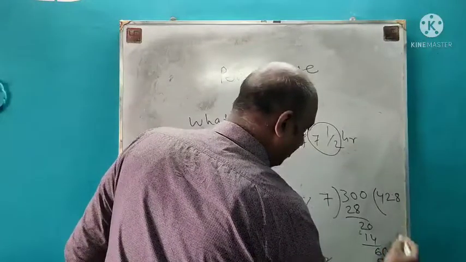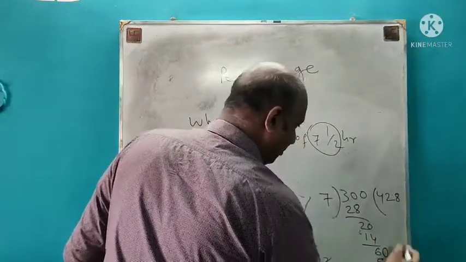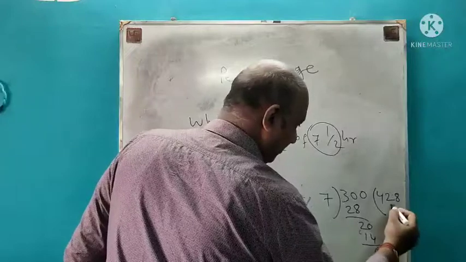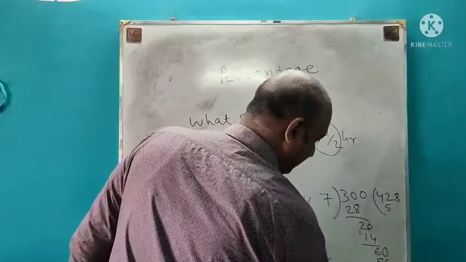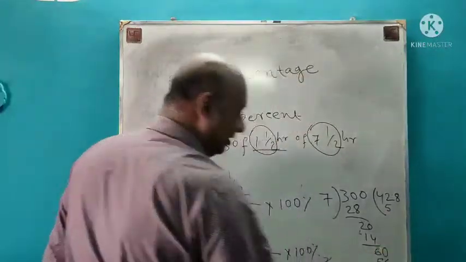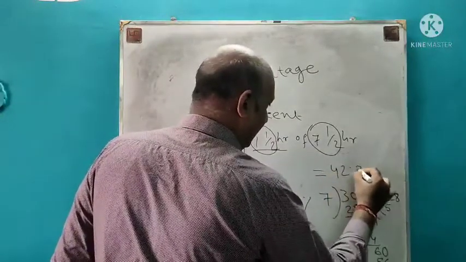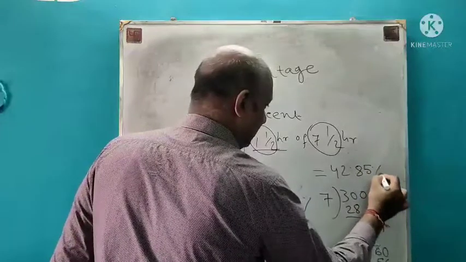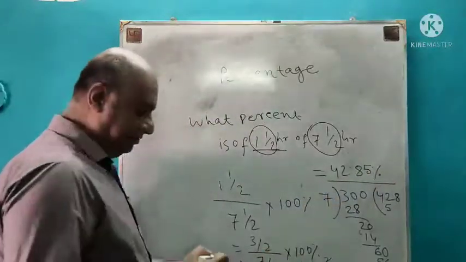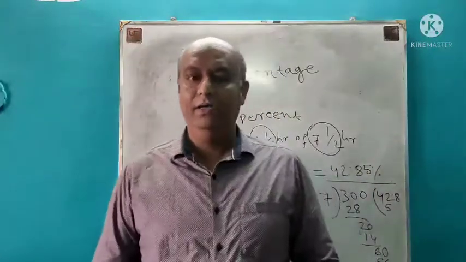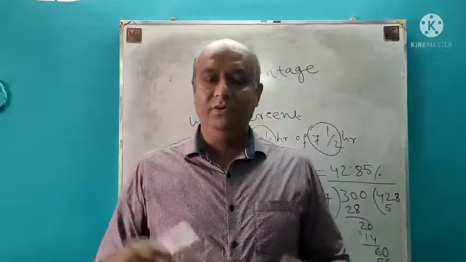And then we have 4. For the decimal point we get a 0. Now 7 5s are 35, and we'll leave it here because it will continue. So my answer is 42.85%. In this way we can convert a particular number into a percentage of some other number.